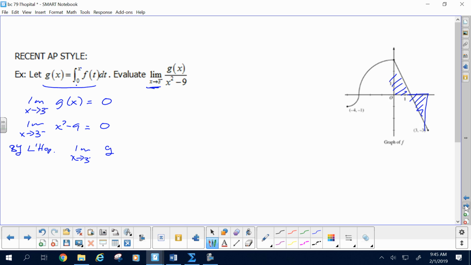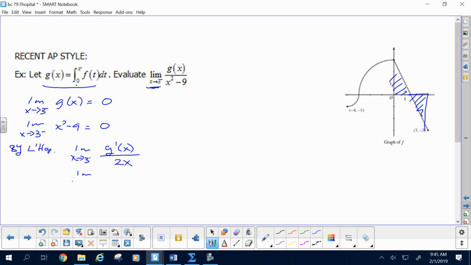I'm just going to call it g prime, and the denominator is 2x. All right, now I need to go a little deeper. What's g prime the same as? F double prime or just straight up f? Yeah, if I take the derivative of this side, g prime would be the derivative. So the derivative of the antiderivative is just f.